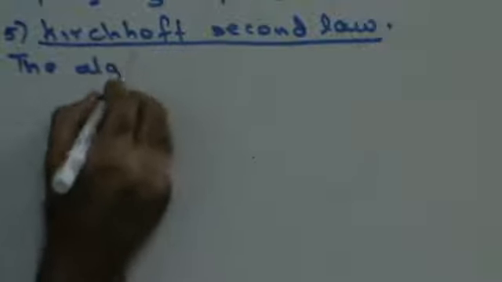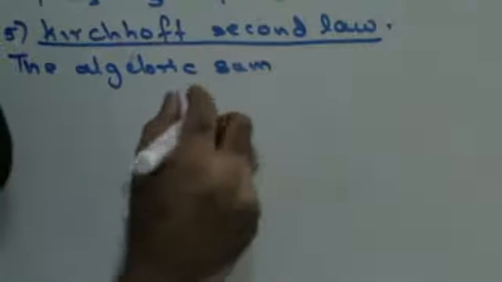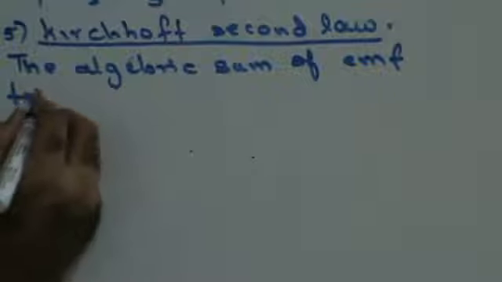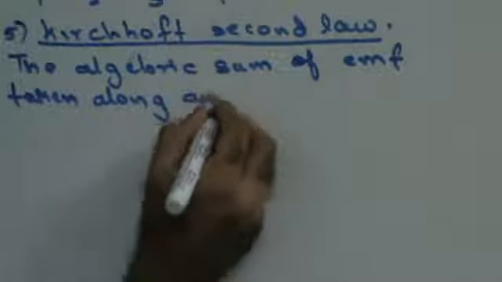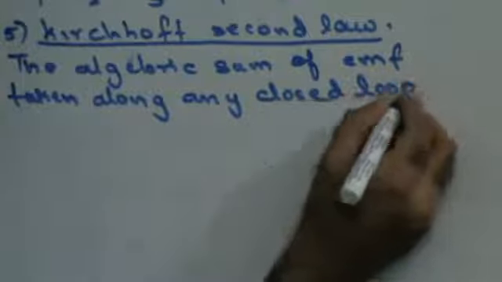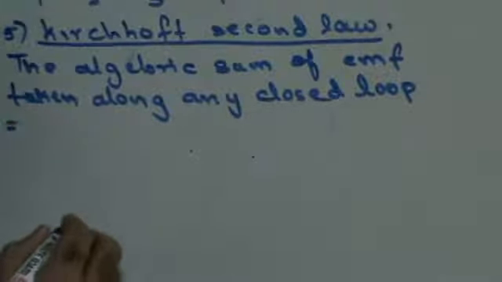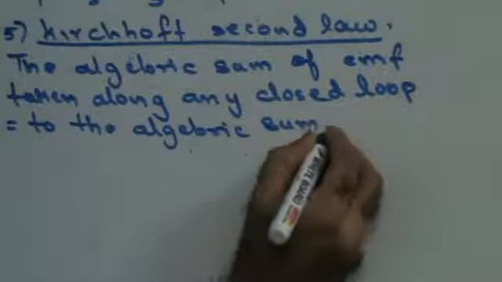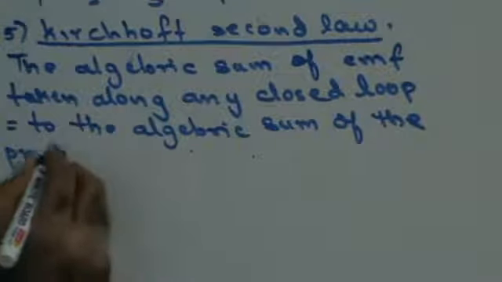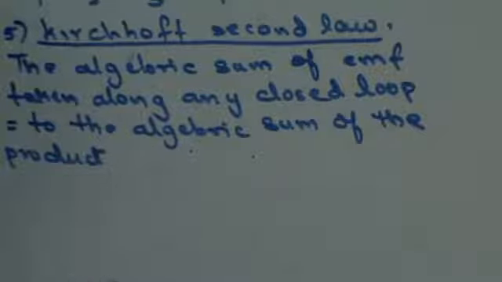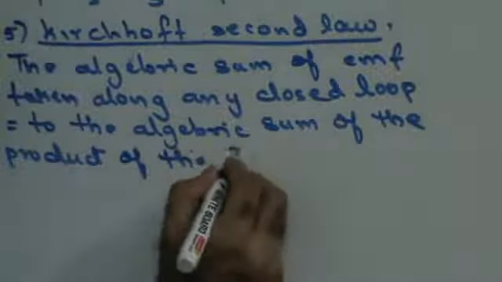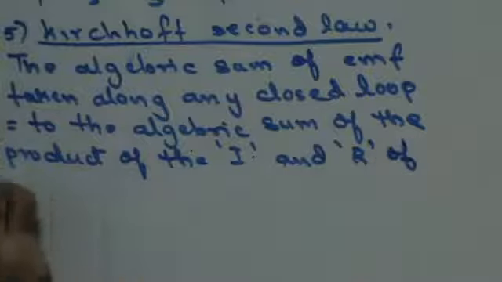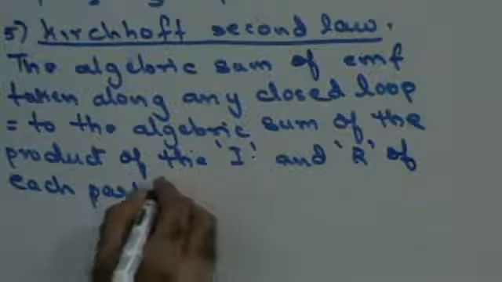The algebraic sum of EMF taken along any closed loop is equal to the algebraic sum of the products of the current and resistance of each part of the loop.